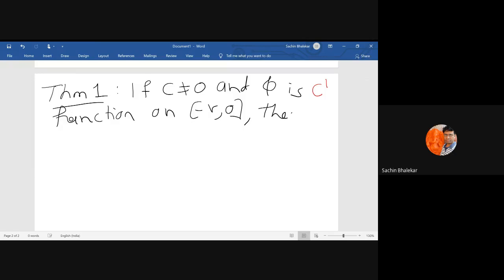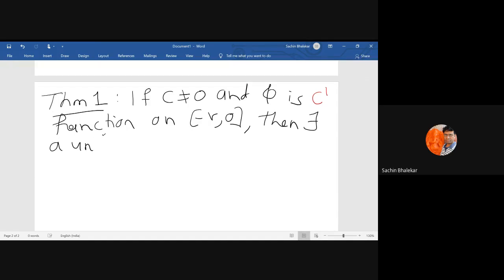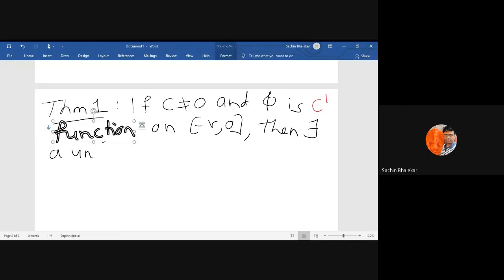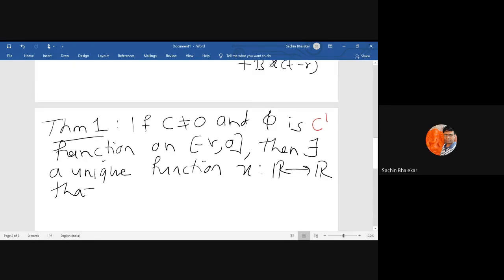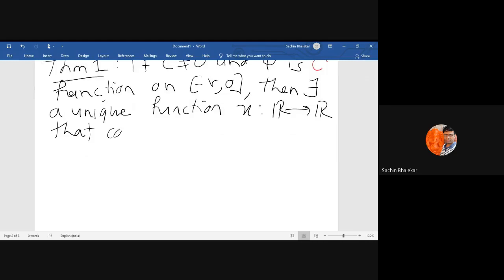Then there exists a unique function, means solution, x from R to R that coincides with phi, that is initial data, on the closed interval minus r to 0. So the solution coincides with initial data.